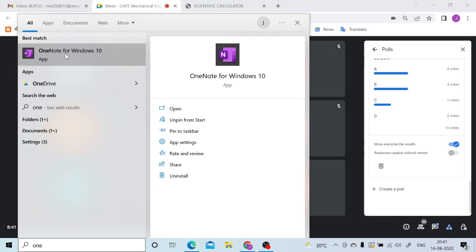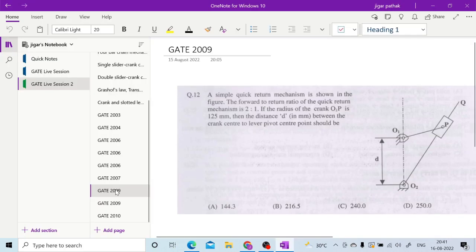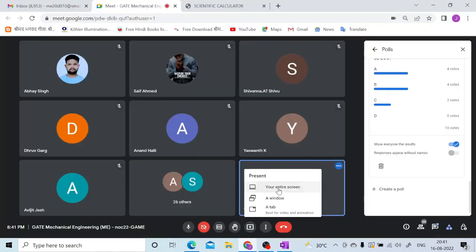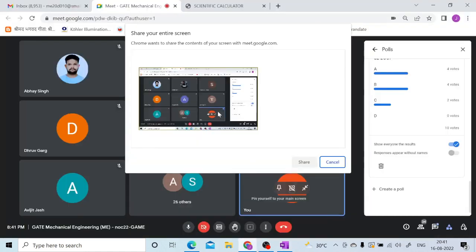Yes, it is there. So again I'm presenting the screen, you can see it. Can you see my screen now? Yes, sir.